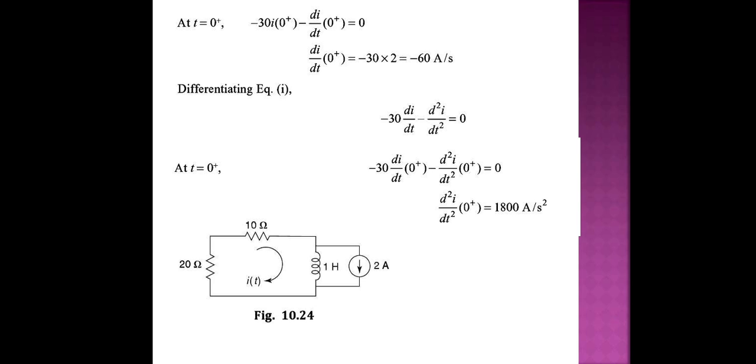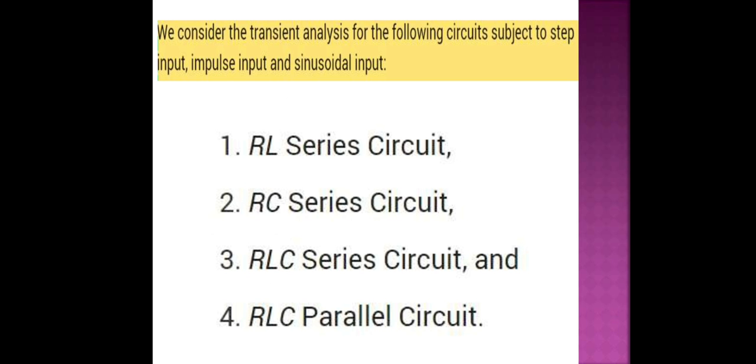What is di/dt of 0 plus? Minus 60 we got. So minus 60 into minus 30 is 1800, yes, absolutely. So 1800 minus d square i by dt square of 0 plus equal to 0, shifting that side, d square i by dt square of 0 plus equals 1800 amperes per second square.